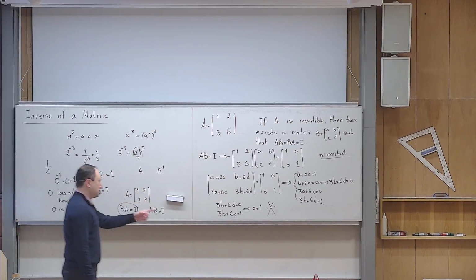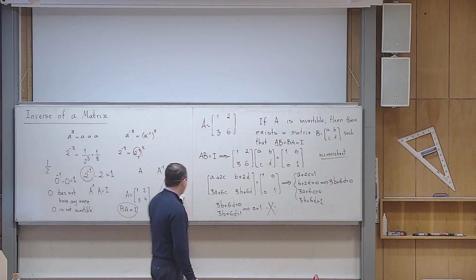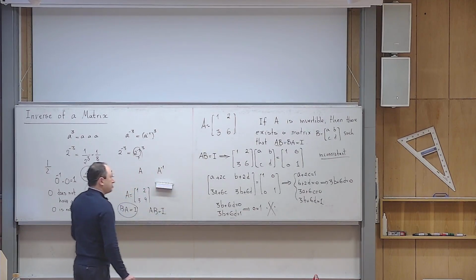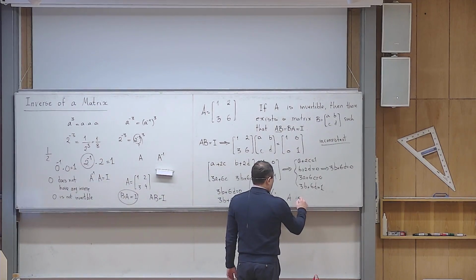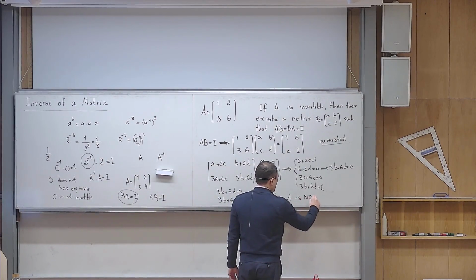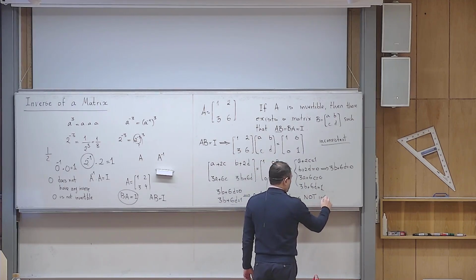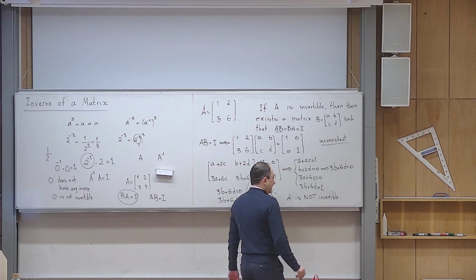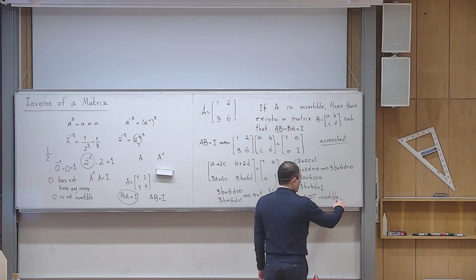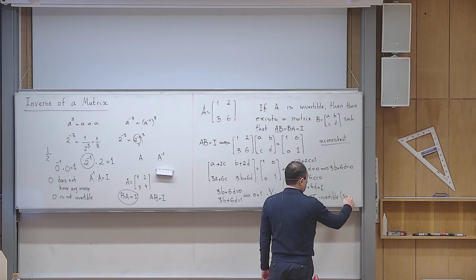I usually use this symbol to say that something contradictory happens. So therefore A is not invertible. Yes? A is not invertible, or what do I mean? I mean it is singular.